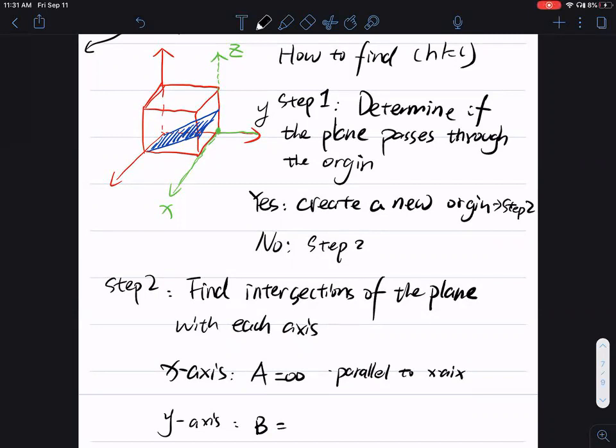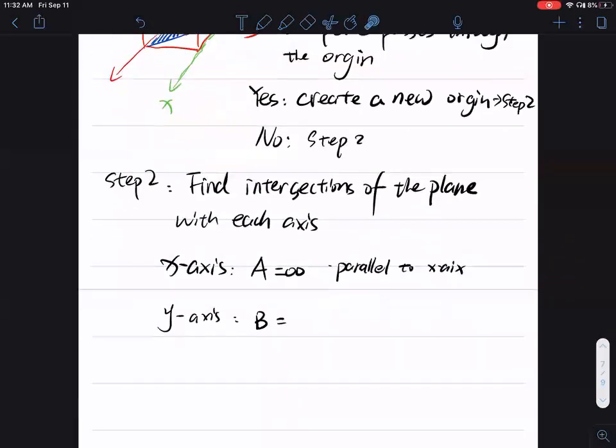Cut at, what's the length there? From that point all the way towards the interception, that's one edge length of that unit cell on the y direction. So it is negative b, right? We use b for the edge length for the y direction. So the interception is negative b.